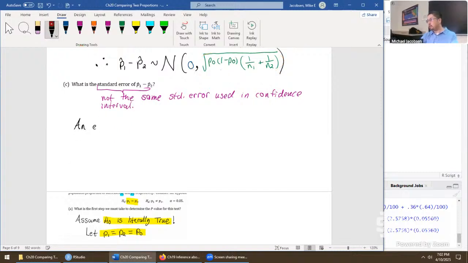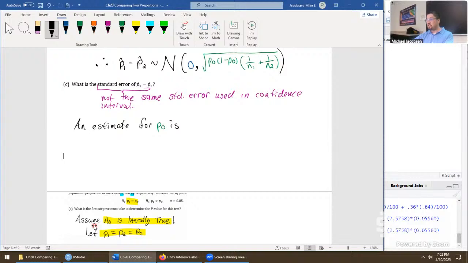And estimate for p naught is, let's pause right here in the moment and remind ourselves, what exactly are we doing? We're testing that null hypothesis that the parameters are the same against a two-tailed test. But if we do that, we assume, first and foremost, the null hypothesis is true in hypothesis testing every single time, no matter how weird it gets.